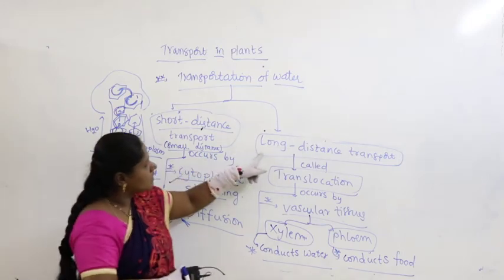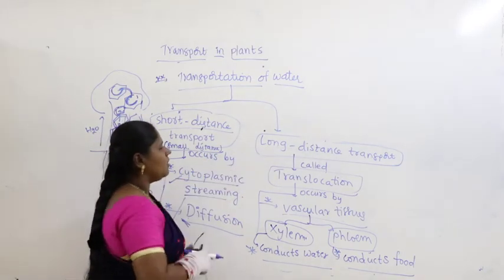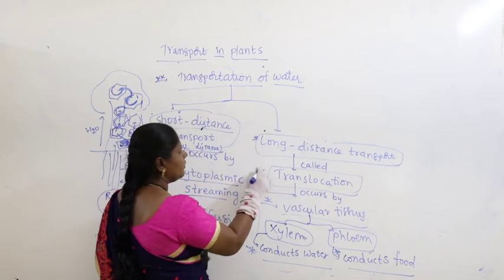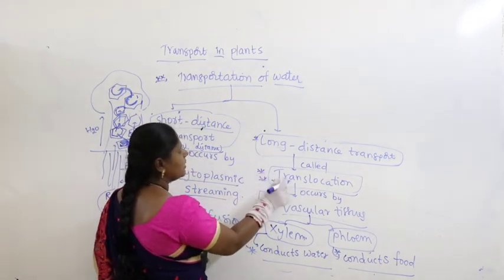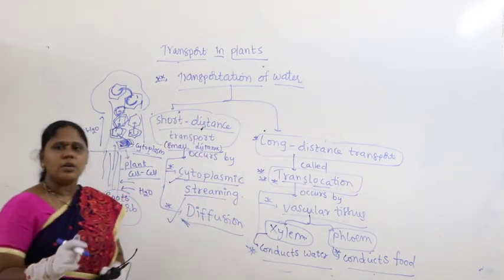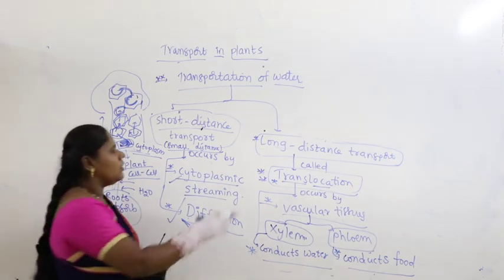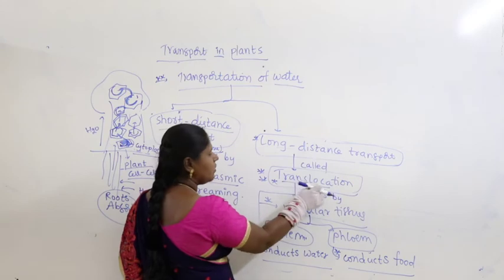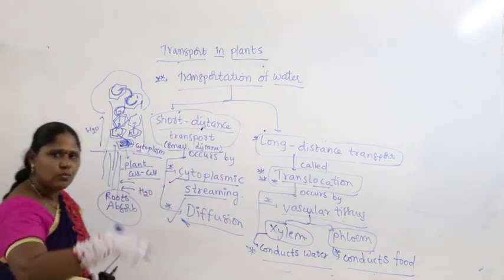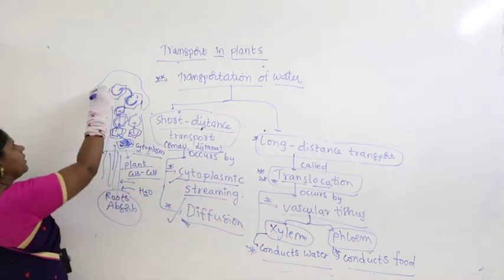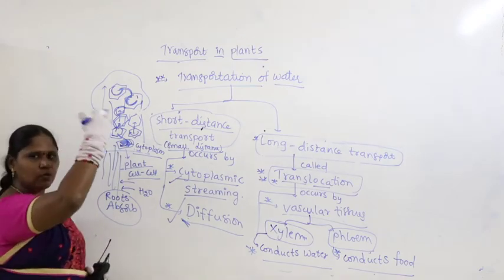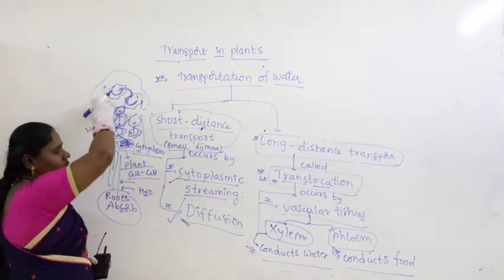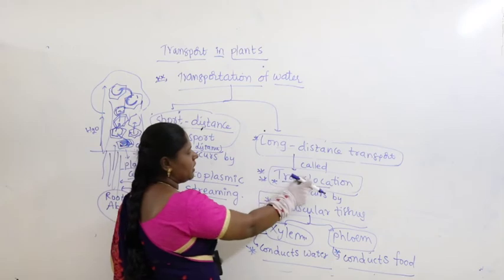Coming to long distance transport, long distance transport itself is called translocation. What do you call long distance transport? Long distance transport itself is called translocation. So when water is moving across a long distance from here to here, such a movement pathway is called translocation.